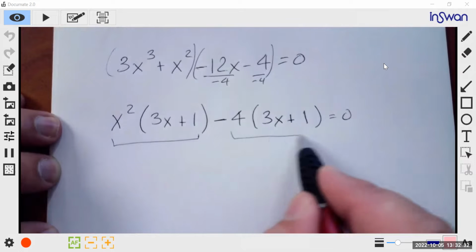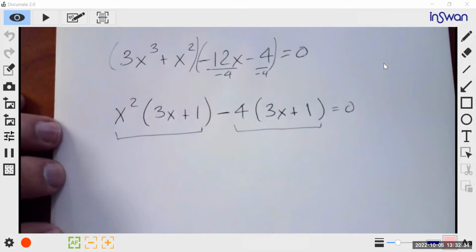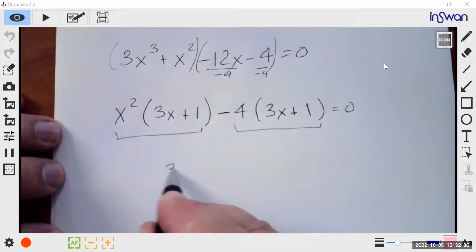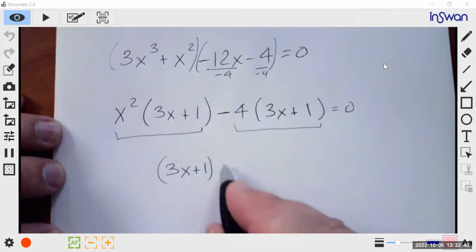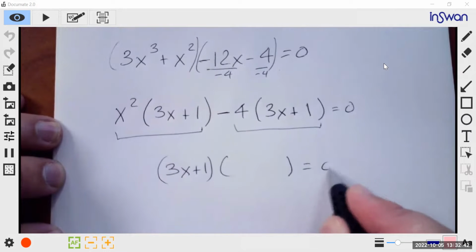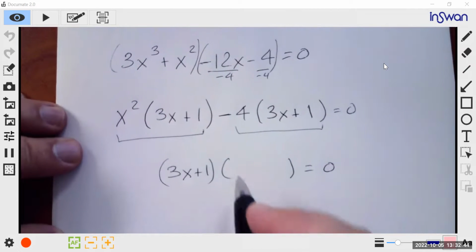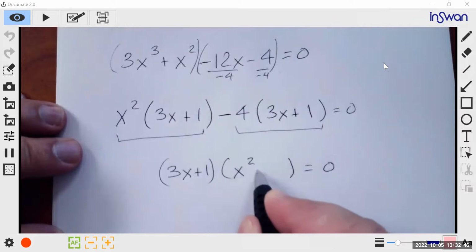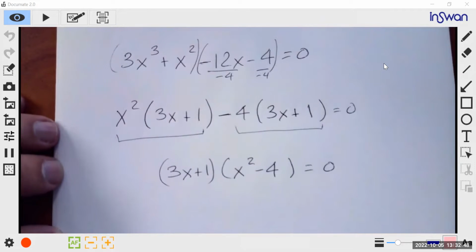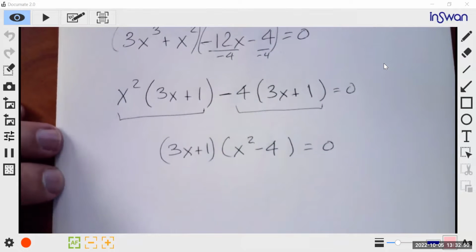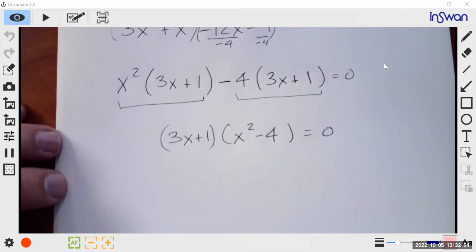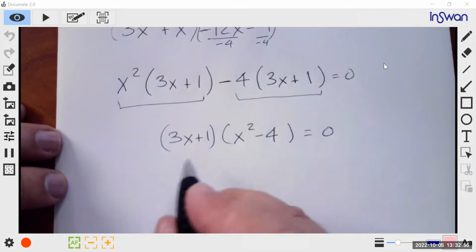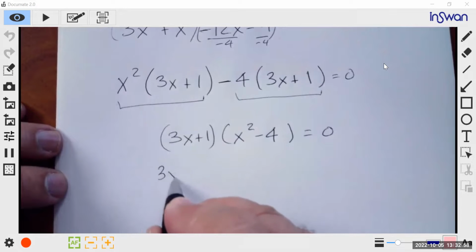Here we have our two terms. What do they have in common? 3x plus 1. So the coefficients go in the second one. X squared minus 4. Set them both equal to 0.